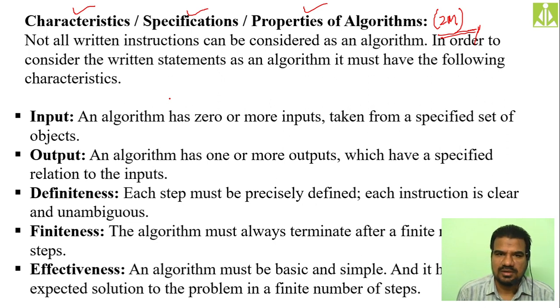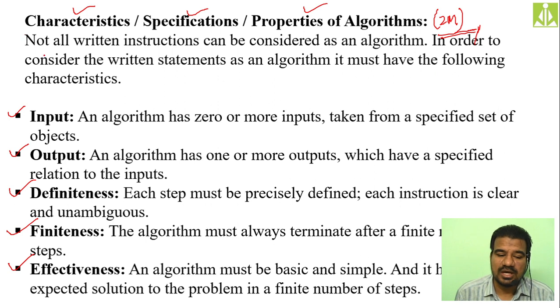No. Whenever you say an algorithm, it must have these properties: a proper input, an output, definiteness, finiteness, and effectiveness. If your written description has all these properties, only then do we consider it an algorithm. Otherwise it will not be considered an algorithm.